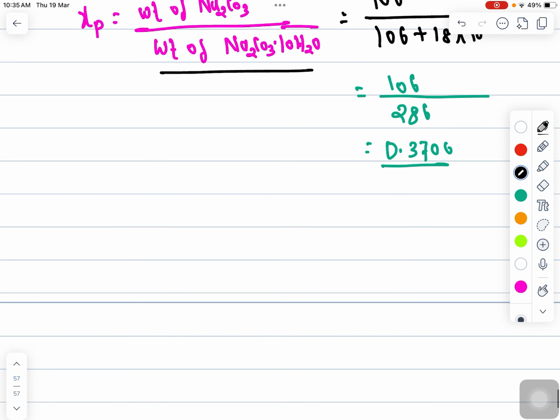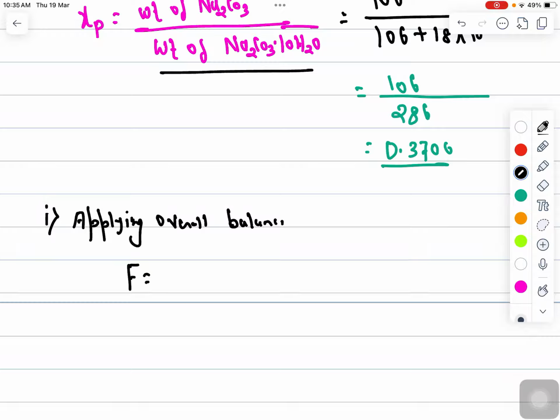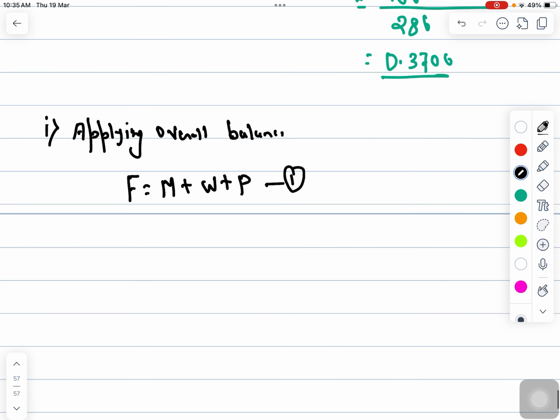Now the next thing, as I told you, is to apply the overall balance. So feed will be equal to mother liquor plus water plus product. Let's say this is equation 1. Now the second thing is to apply the solute balance.